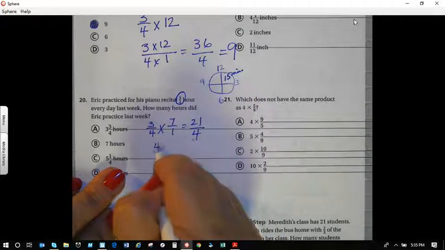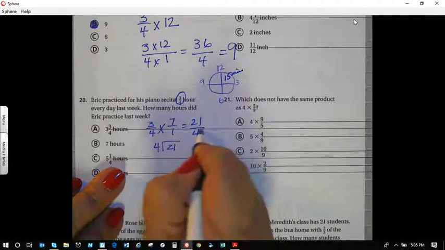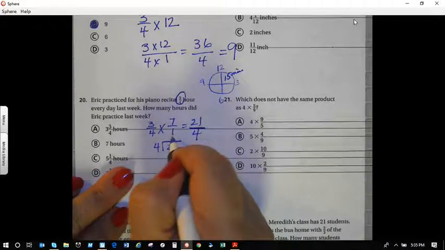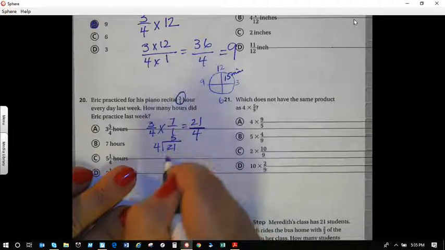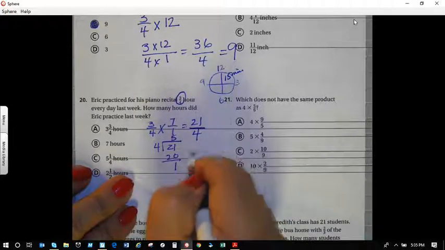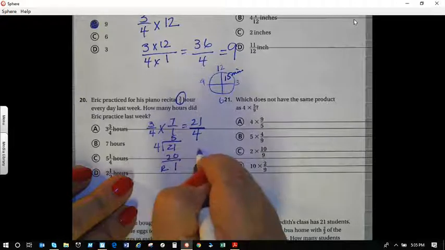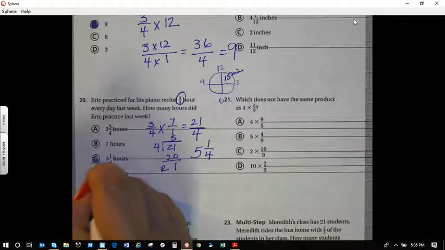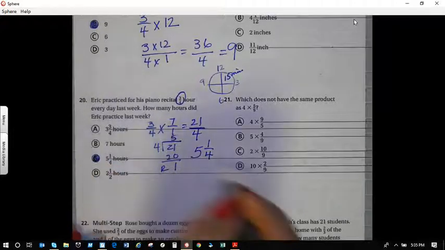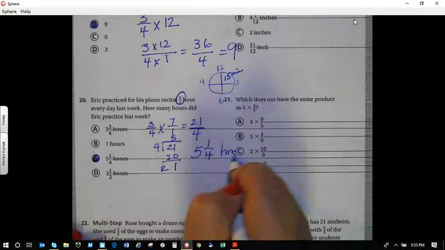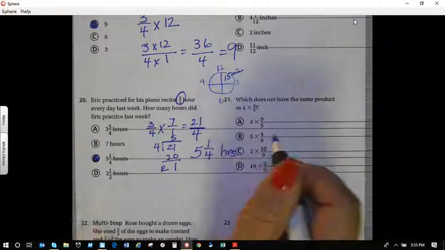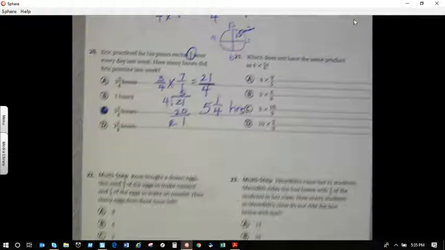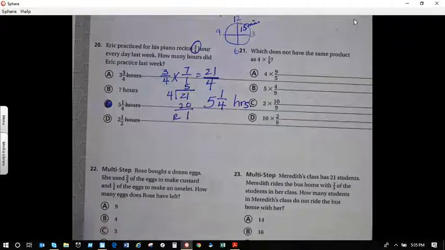If you're not sure what I'm talking about, this is the division bar. So 4 goes into 21 5 times, because 5 times 4 is 20 with a remainder of 1. And this remainder is now my numerator. So I have 5 wholes and 1/4. And my answer is C. How many hours he practiced. Cool. You could do this 7 times and then add them all up.